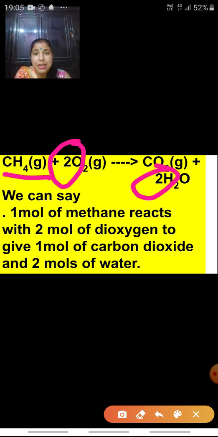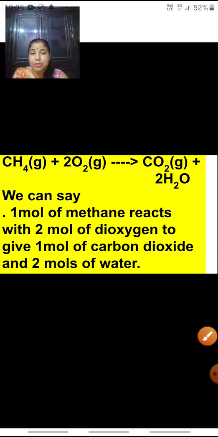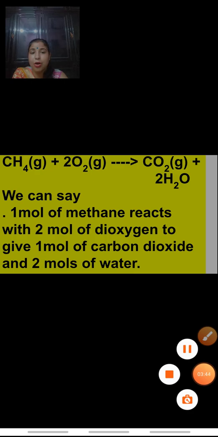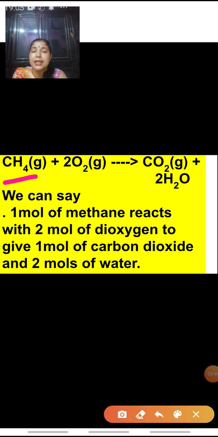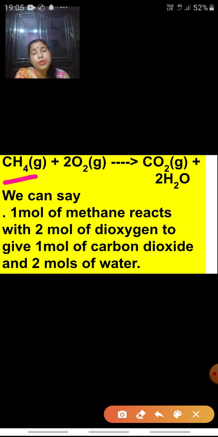They tell you how many moles of the given element or compound are present in the chemical reaction. For example, in front of methane, CH4, nothing is written. So we will think that only 1 mole of methane is there.